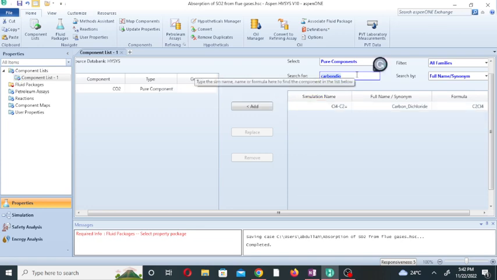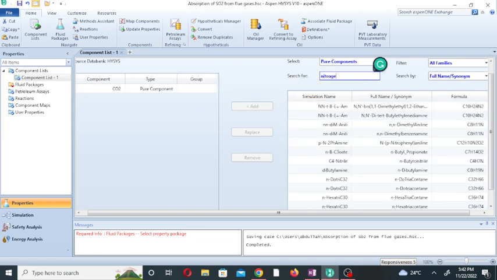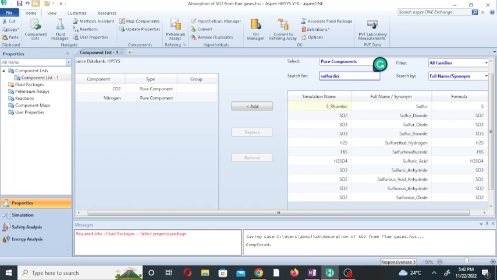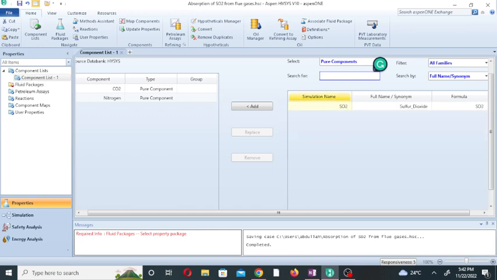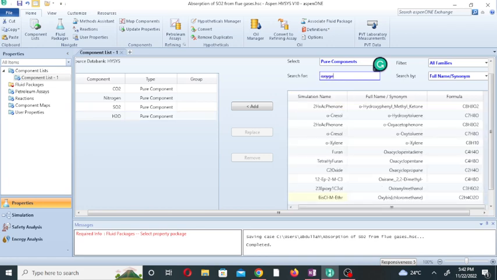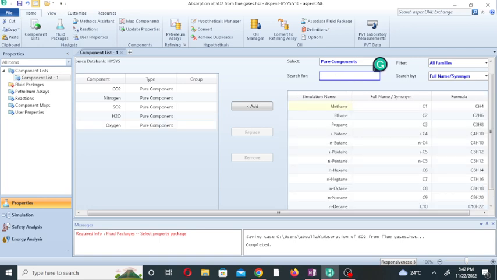Similarly add nitrogen, add sulfur dioxide, water, and the other is oxygen, and methyl diethanol amine solution.